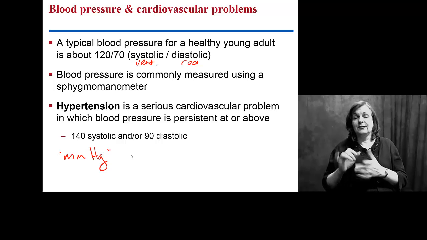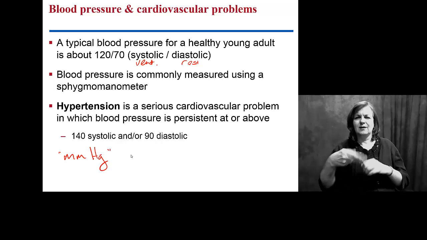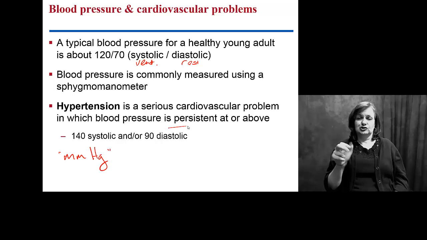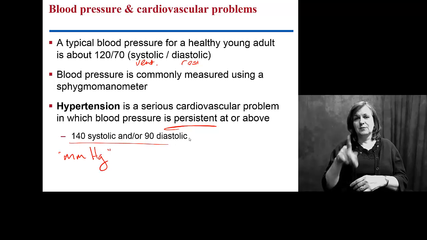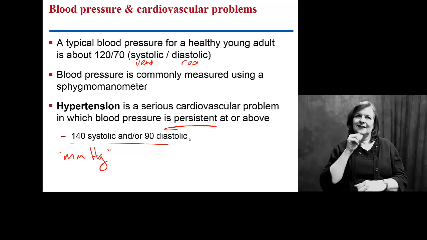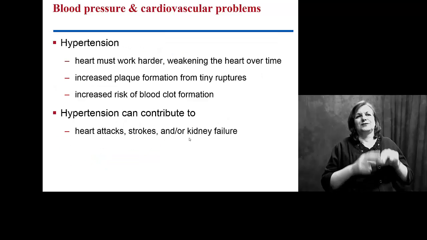But that's where the original pressures came from, measured as millimeters of mercury. When we talk about hypertension or high blood pressure, we're looking at blood pressure that is consistently above 120 or 140/90. Okay. Consistently, not just you're exercising and your blood pressure goes up because you're exercising.